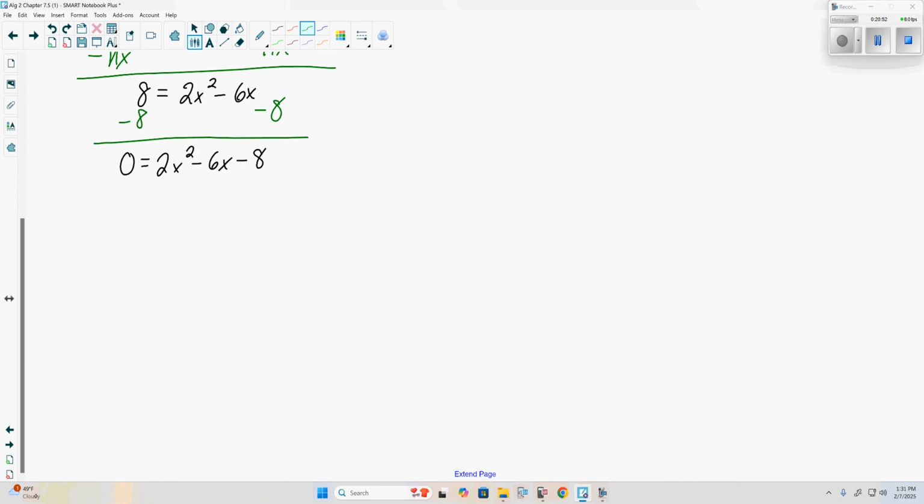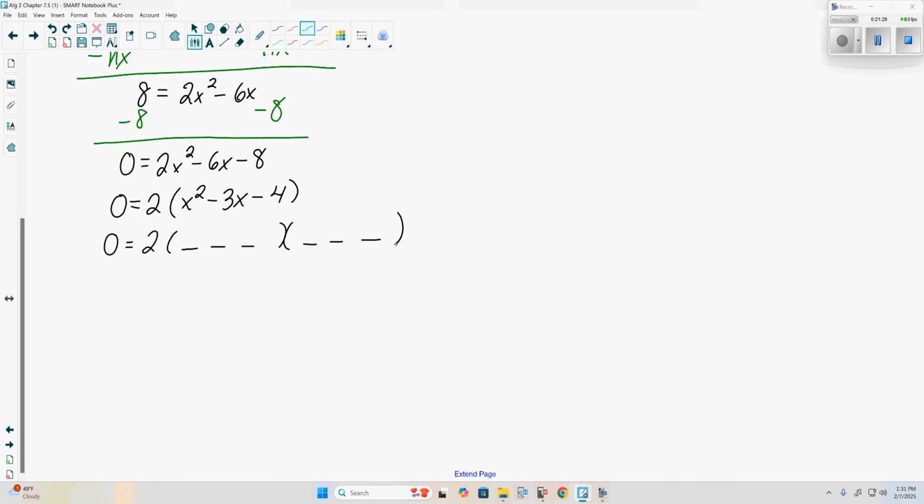Now looking at this here, we need to solve this quadratic equation, 2x squared minus 6x minus 8. We can factor this. Is there a greatest common factor between 2x squared, 6x, and 8? 2. And if we factor that 2 out, we're left with x squared minus 3x minus 4. Two sets of parentheses with 3 spaces.